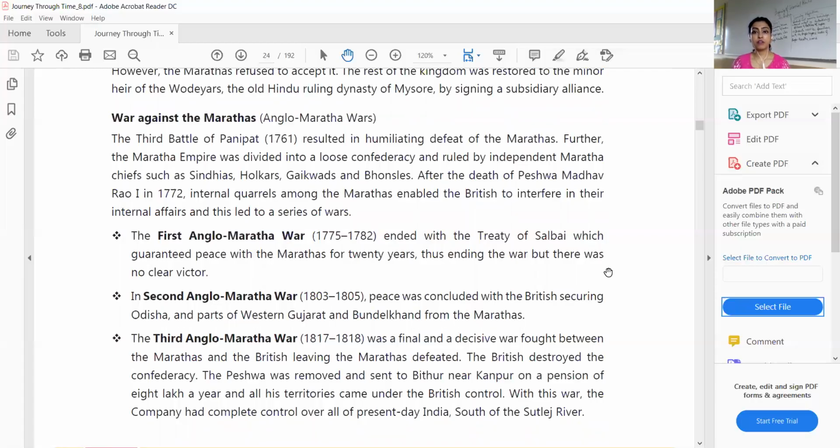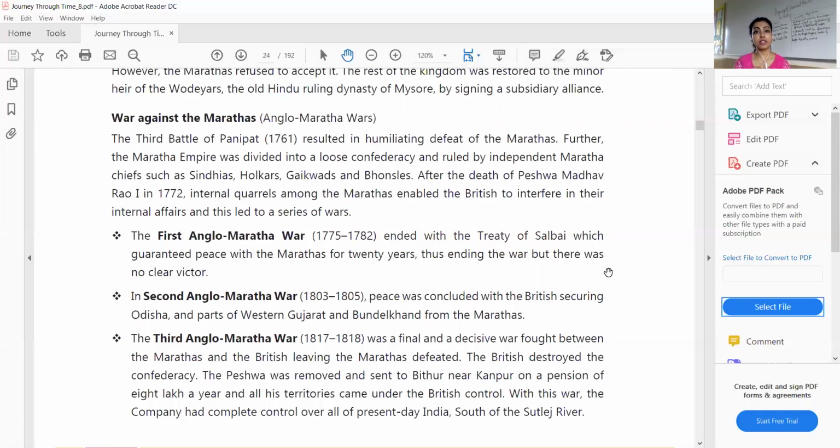After the death of Peshwa Madhav Rao I in 1772, internal quarrels among the Marathas enabled the British to interfere in their internal affairs. There was no cooperation or unity among the Maratha chiefs.